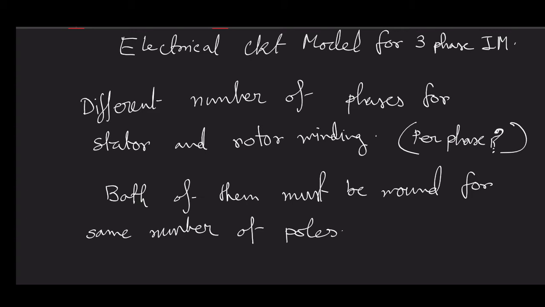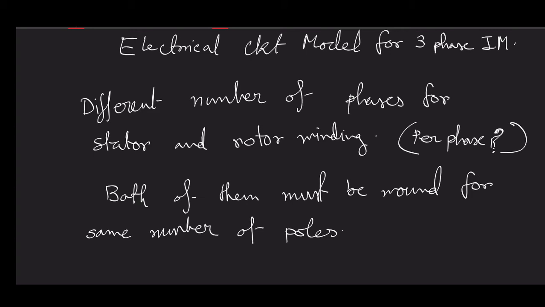If we explore that electrical analogous viewpoint, we will find that in the Scott connection it was also the same. There was no big deal. When it was balanced, all the phases were delivering the same amount of current, and thereby the same amount of power, to the primary side.